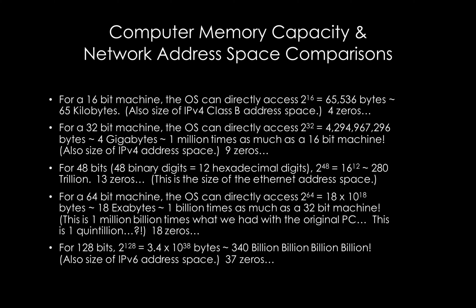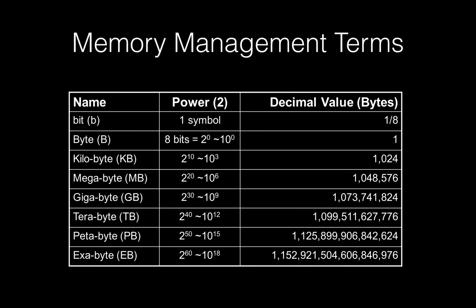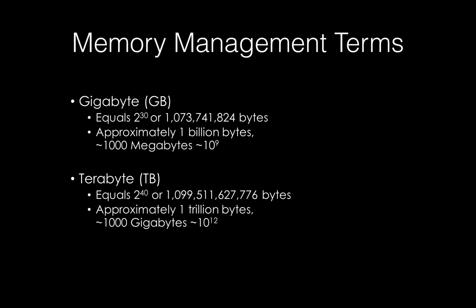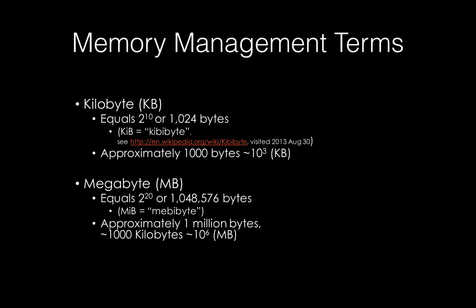How is it related to us? For example, for a 16-bit machine, the OS can directly access 2 to the 16 bytes, okay? And as we show here, 2 to the 16 is in the order of magnitude of kilobytes, right? Because it's between 2 to the 10th and 2 to the 20th.